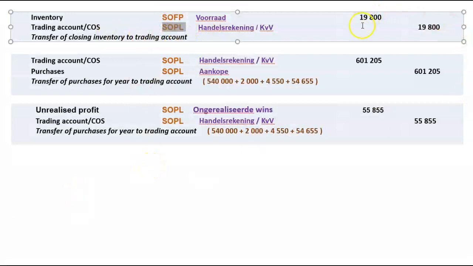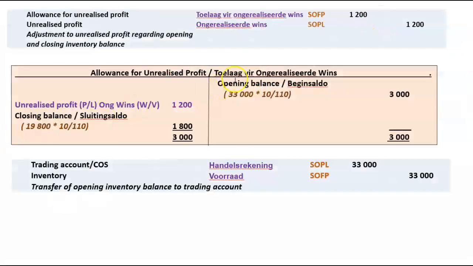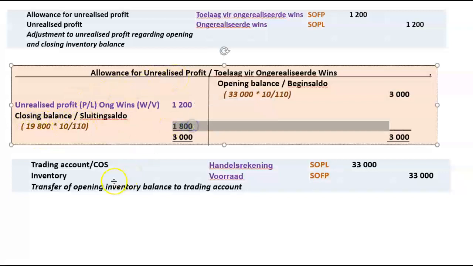Because we have the value of our closing inventory, which includes the unrealized profit, we can now determine the closing balance on the allowance for unrealized profit. The closing balance is going to be the 19,800 multiplied by 10 divided by 110, and that gives us 1,800 Rand. So how are we going to make the closing balance 1,800 Rand if the opening balance was 3,000?